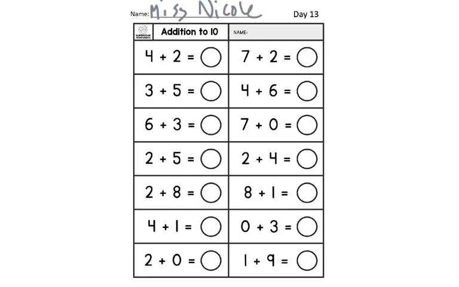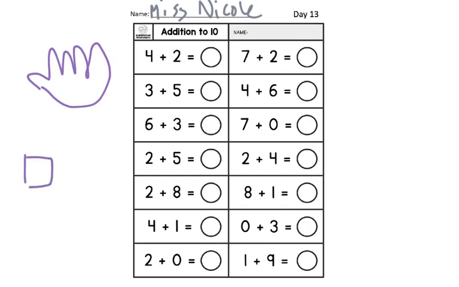Okay, so the first one we have 4. So for this, you can use your fingers. You can use the little blocks or cubes you have at home. You can use buttons. Anything you have available to help you count, you can use.